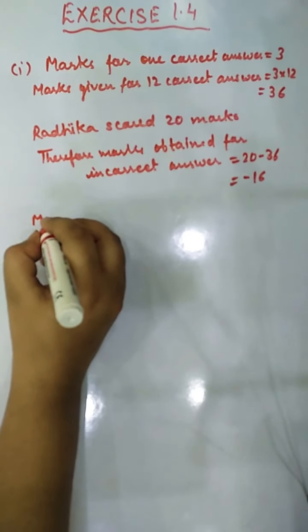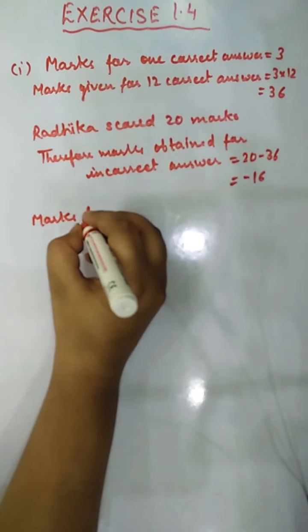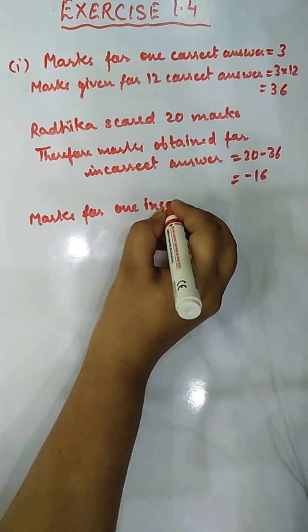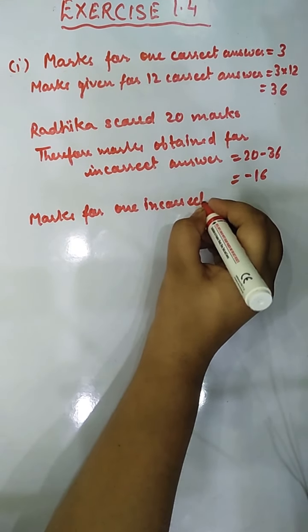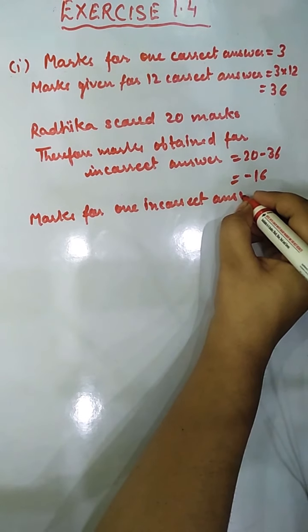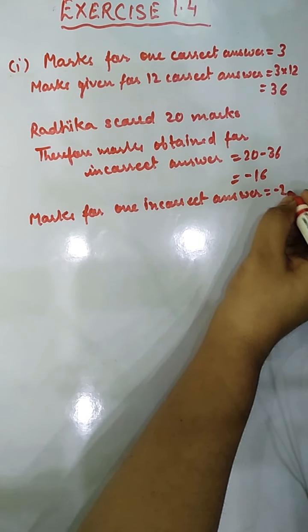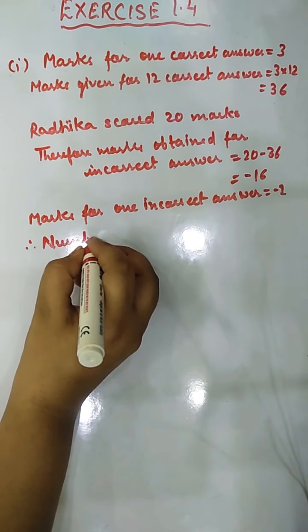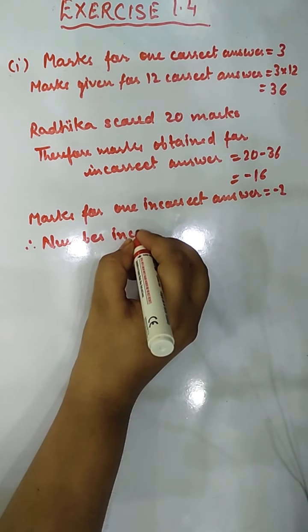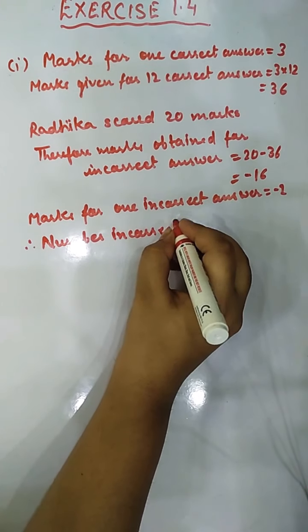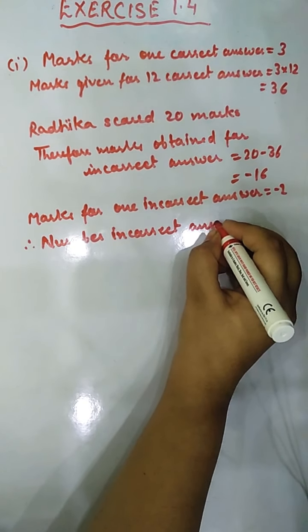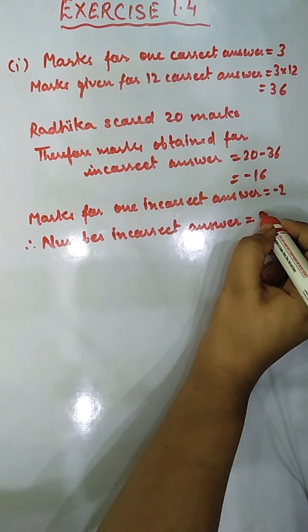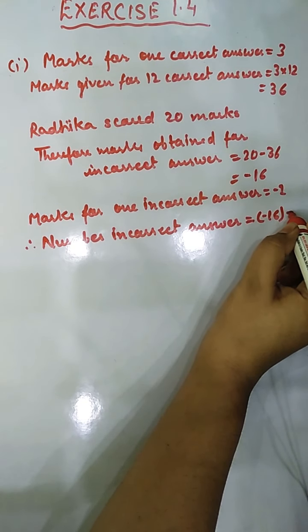And you know marks for one incorrect answer was minus 2. So therefore number of incorrect answer will be how much? Minus 16 she has got, and for 1 mark it is how much?